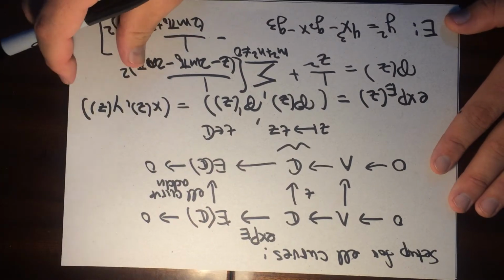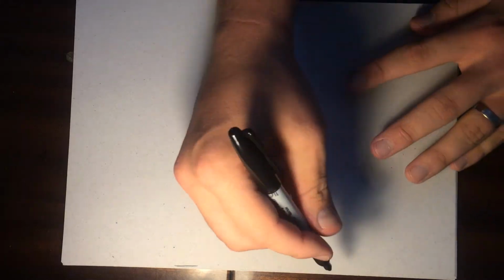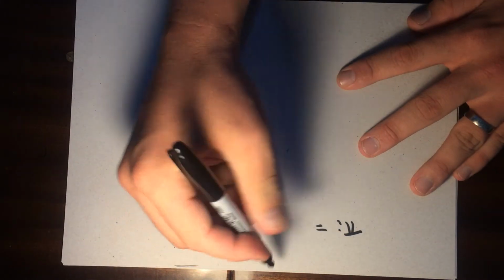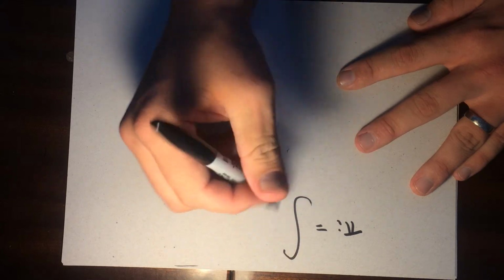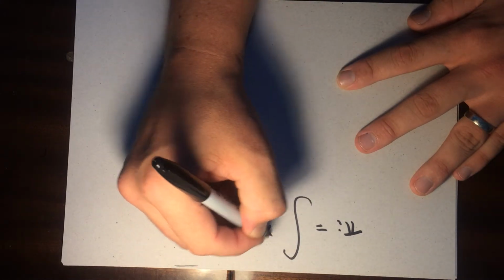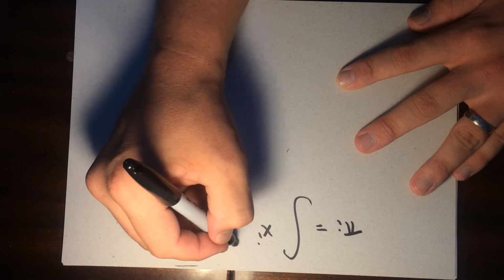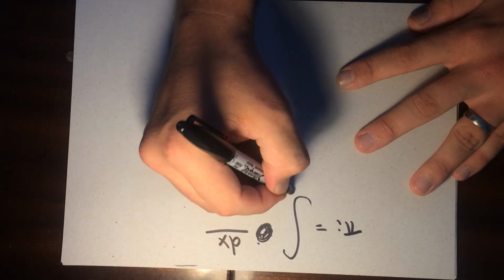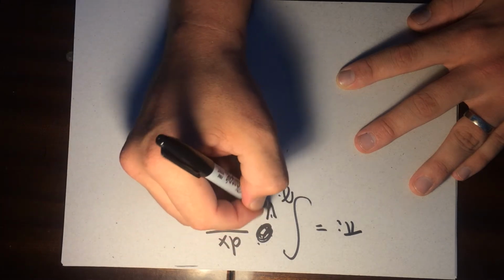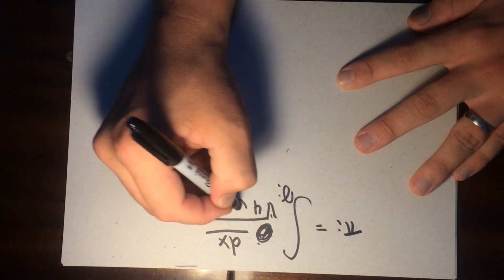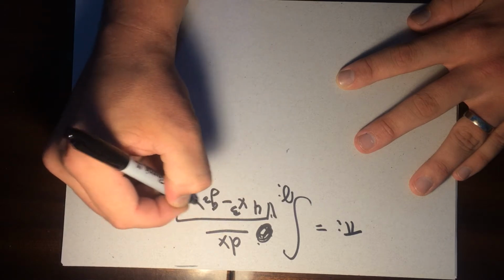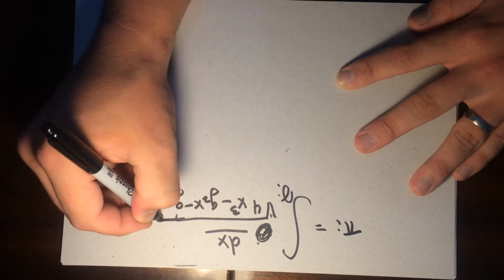And so these pi 0 and pi 1, what are these things? So pi i, these are the periods, and they look like the integral over gamma i of x^i dx over the square root of 4x cubed minus g2 x minus g3.